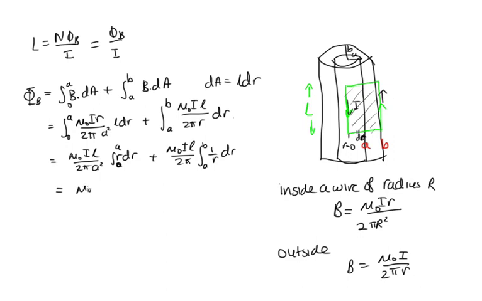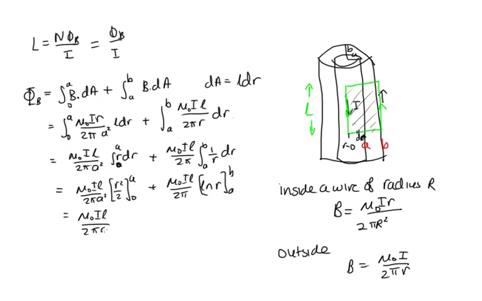And this is equal to mu naught I l over 2 pi a squared, and this thing is r squared on 2 from 0 to a, and this one here is mu naught I l on 2 pi, and when we integrate 1 on r, we get log of r from a to b, and so this is equal to mu naught I l over 2 pi a squared, and we've got a squared on 2, the 0 is 0, plus mu naught I l over 2 pi. Now this will be log b minus log a, so we can write that as log b on a.